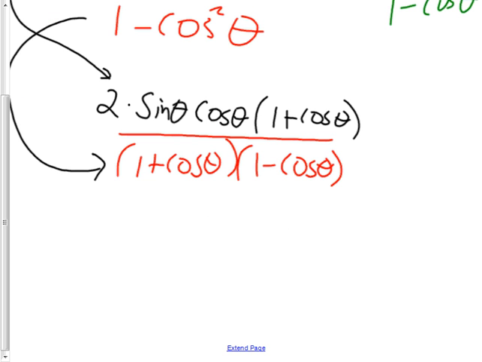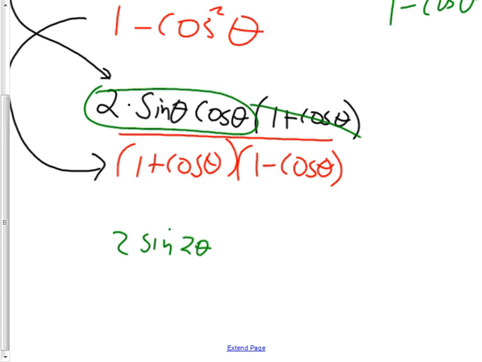Now I can change this part right here into 2 sine theta. Sine of 2 theta, sorry. My bad. Thank you. I was getting a little confused there.